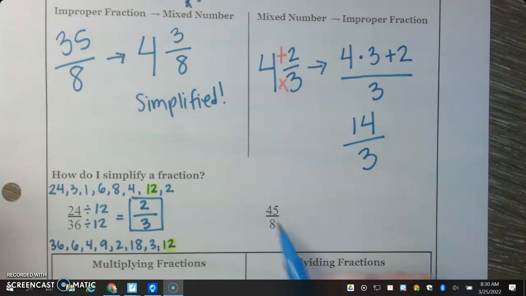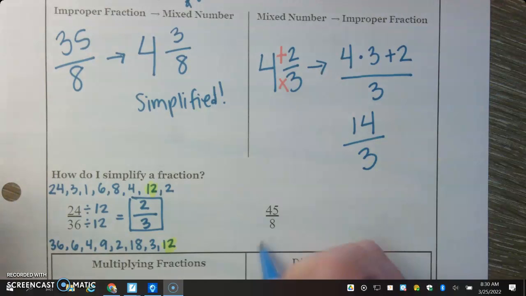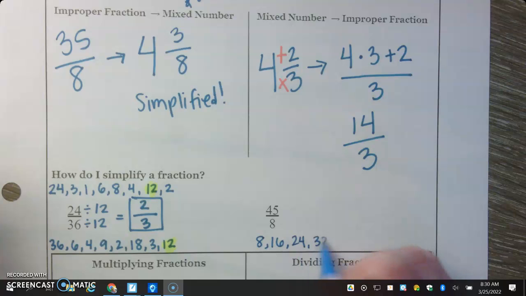Alright, if I have an improper fraction, to simplify it, I've got to make it into a mixed number. So I need to ask myself, how many times can 8 go into 45? Let's list some 8 multiples: 8, 16, 24, 32, 40, 48. Oop! Too high. So it goes in evenly 5 times.